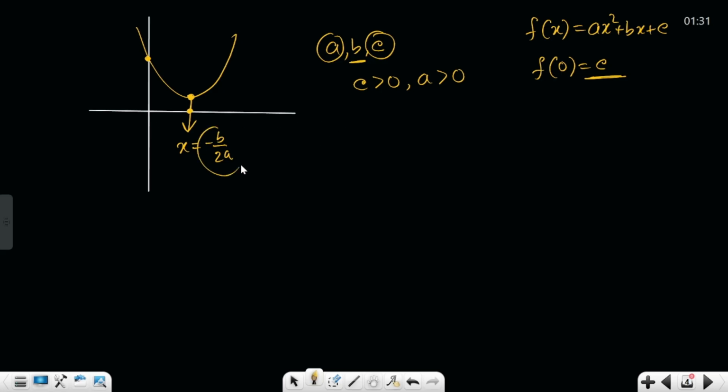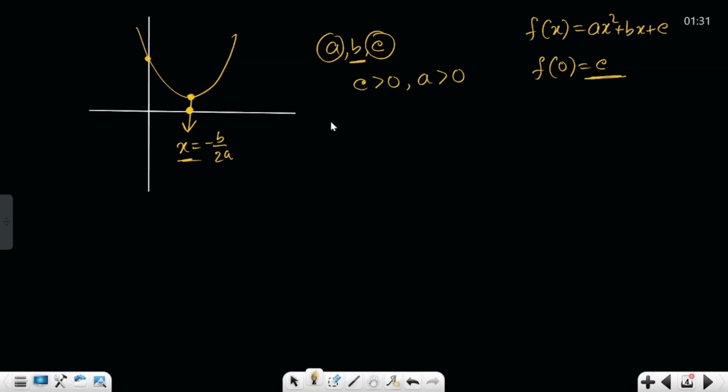Check whether the vertex is in the positive direction of the x-axis or the negative direction of the x-axis, because we will work with the x coordinate. So check for x, do not check for y, else it will be wrong. So this is at the positive x-axis, right? Vertex is at the positive x-axis. You can see that this point.